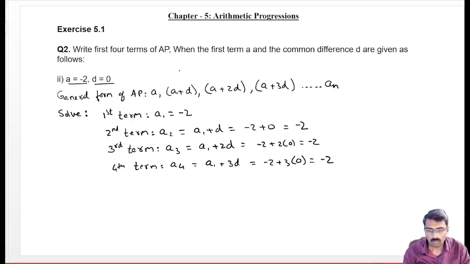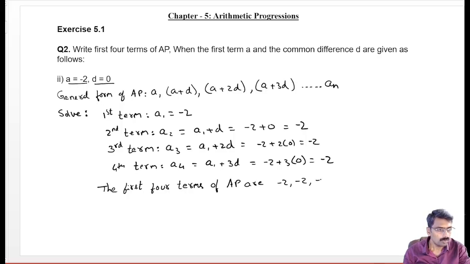So we have our 4 terms here. The first four terms of AP are -2, -2, -2, and -2. So these are the first 4 terms of an AP.